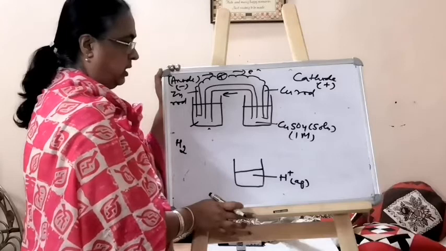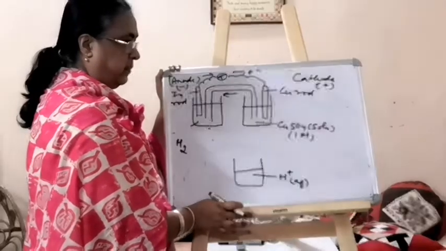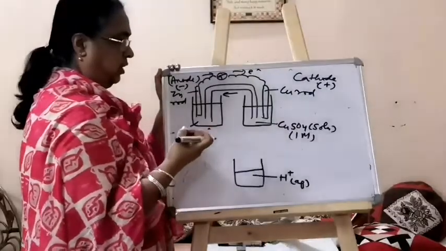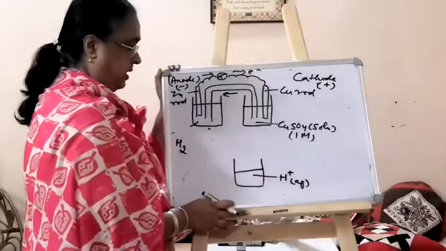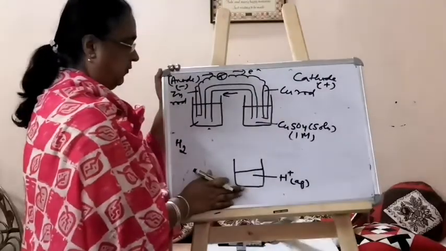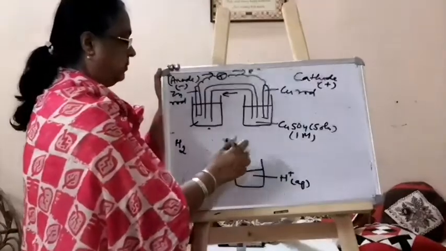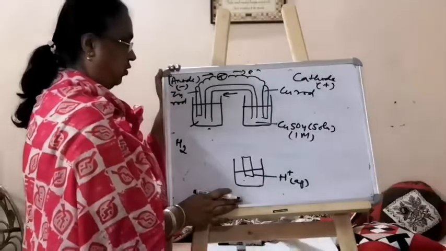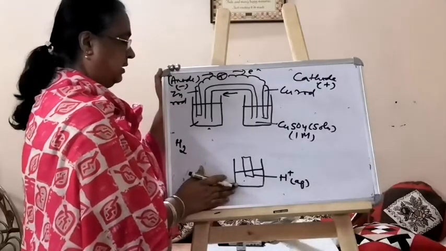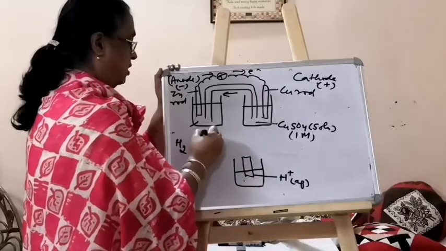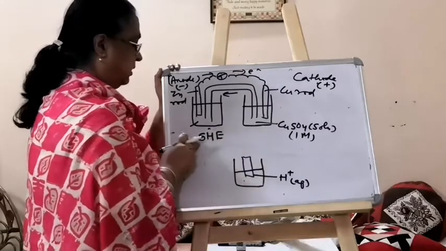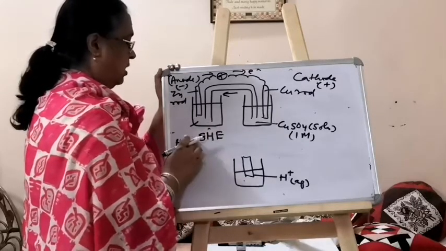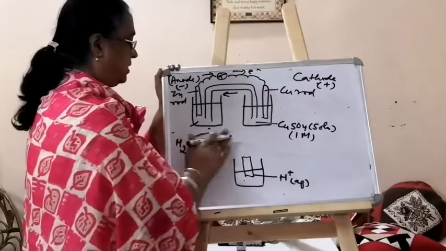Electrode potential 0 means the potential difference will be 0. The rate of gaining electrons and the rate of losing electrons will be exactly the same. So the potential difference between the electrode and the electrolytic solution is found to be 0 for hydrogen. This standard reference electrode is called SHE, the standard hydrogen electrode.